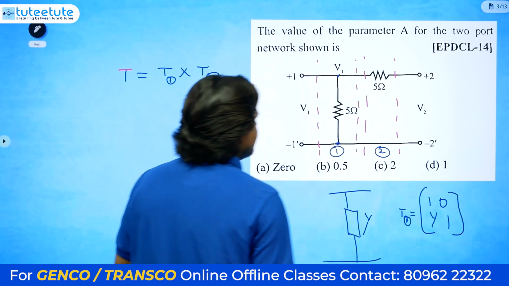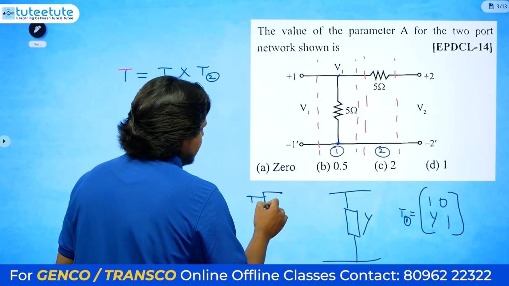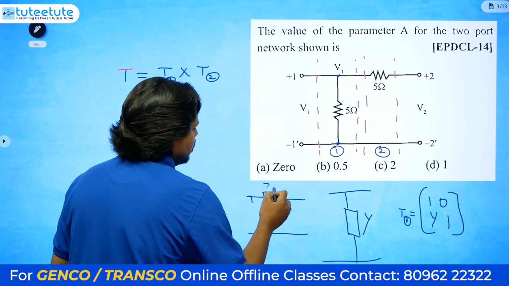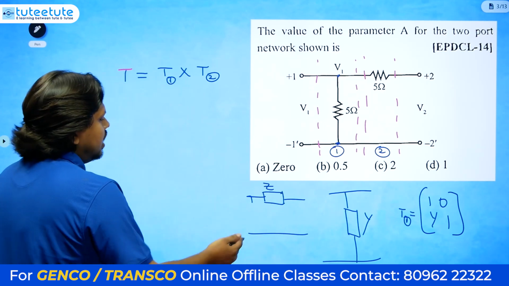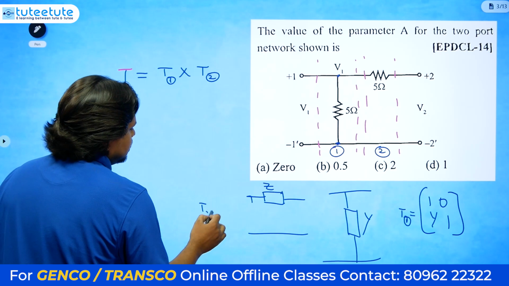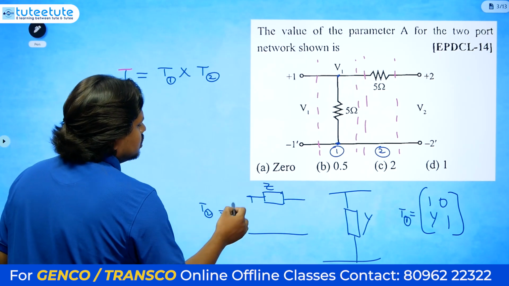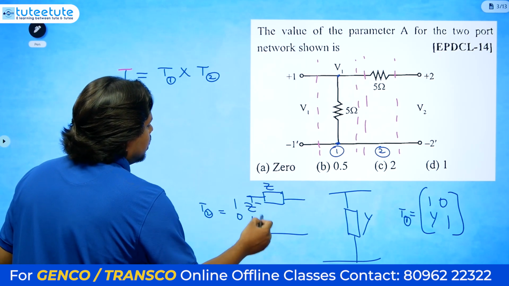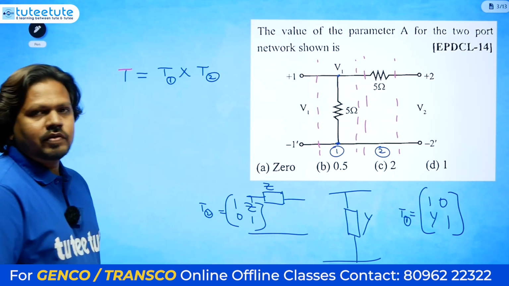And whenever only a series impedance Z is there, the ABCD parameters of this kind of network are 1 Z, 0 1.